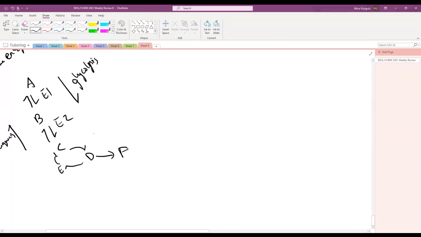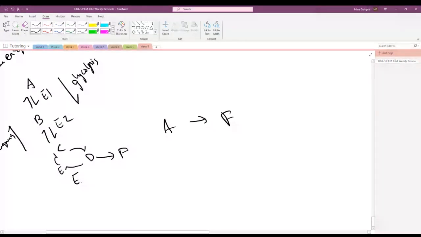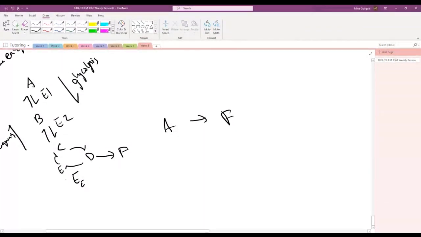So when I want glycolysis to happen, I want to go from A to F. The way that I can make sure that happens is, we'll call this enzyme E because it's very specific, by making sure to inhibit enzyme E.